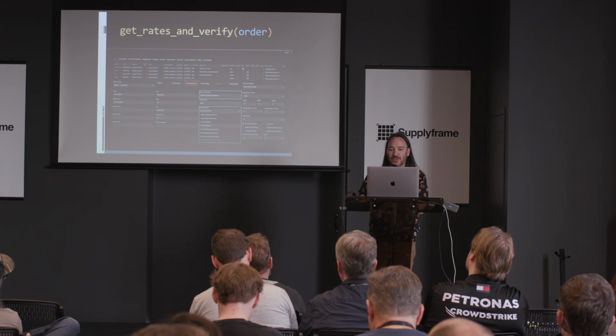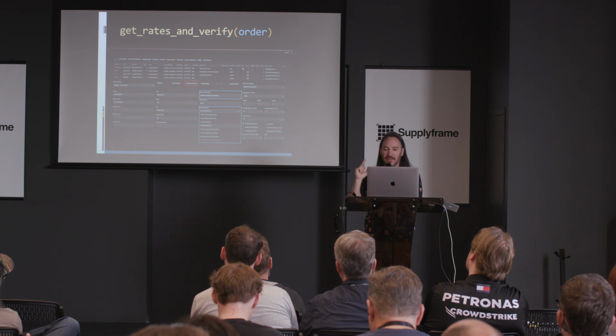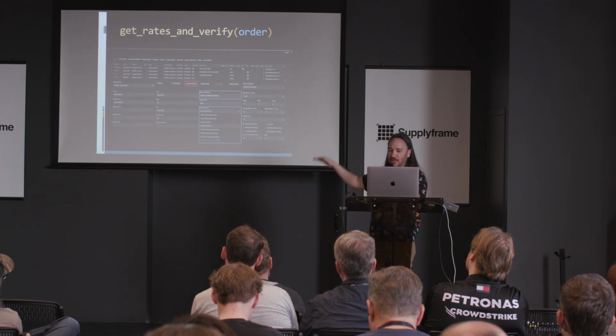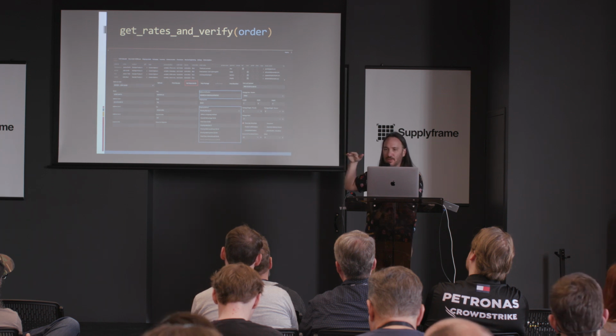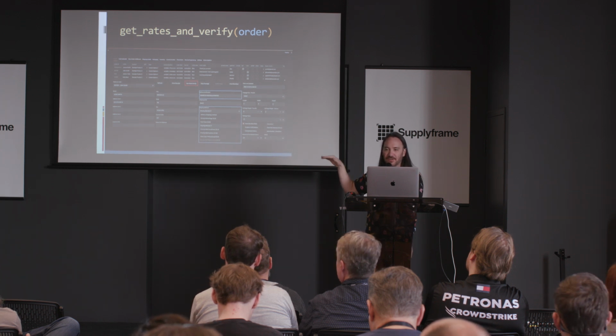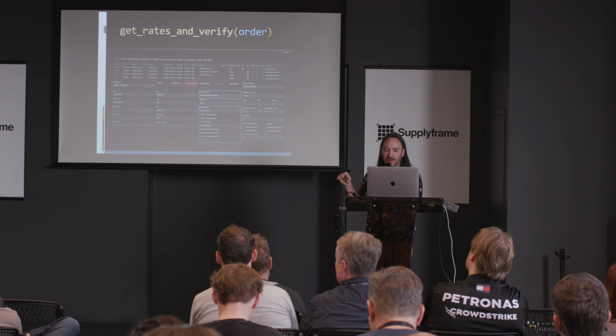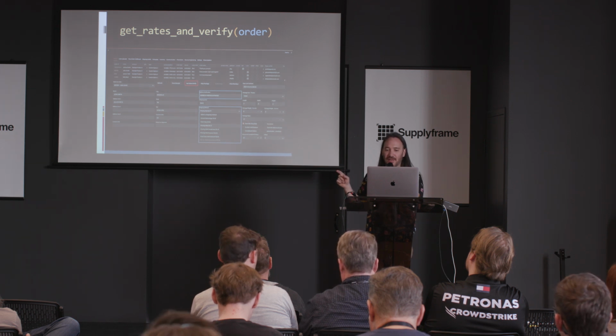So one of the options is, if you don't want to ship it yet, but you want to see how much something will cost, after you select an order, you can hit Get Rates and Verify. It will verify the address, and then, similar to that manual order that we saw, it'll show you the different prices for the different shipping methods. And this does select the shipping method that the person chose when they checked out.